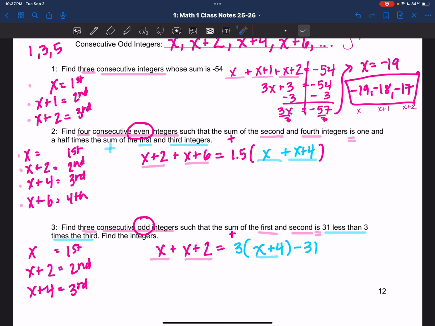So now, knowing that, we're going to go ahead and do this. So we want such that the sum of the second and fourth, well, here's your second and fourth, is 1.5 times, so we're multiplying, the sum of the first and third.